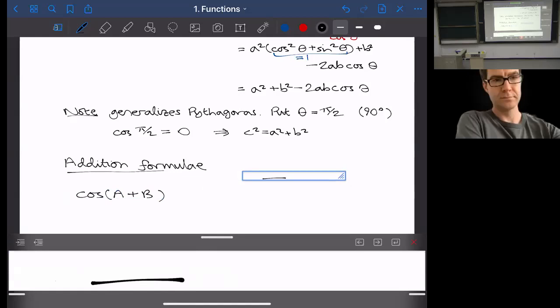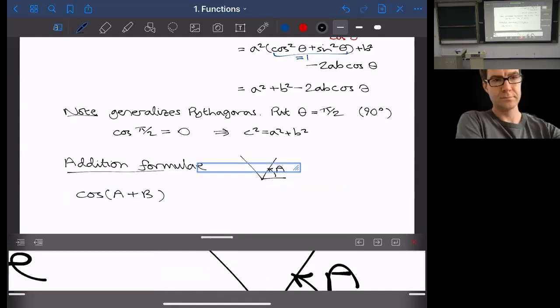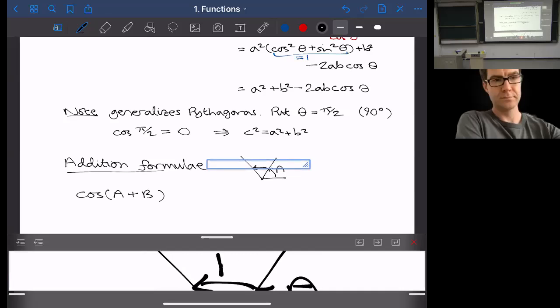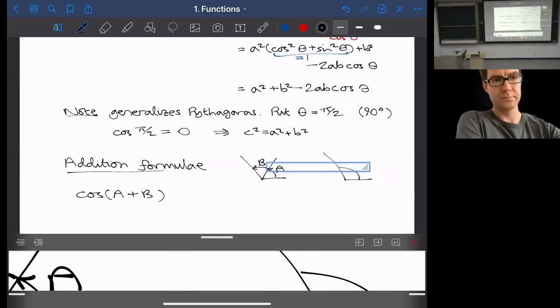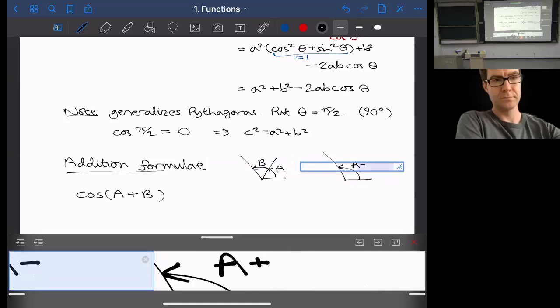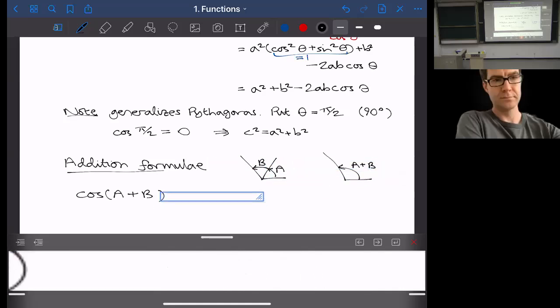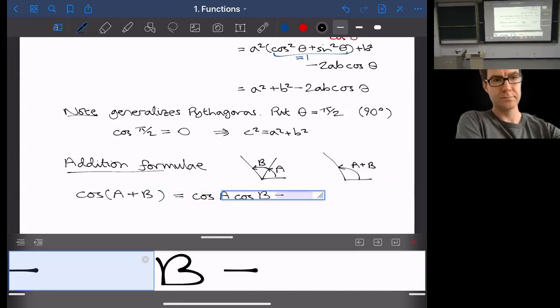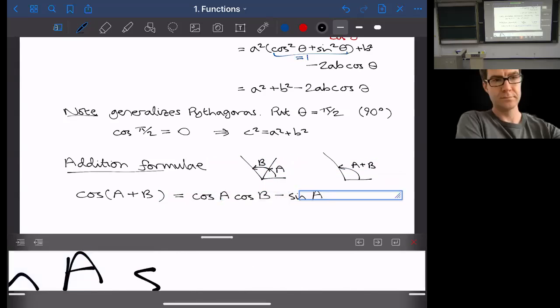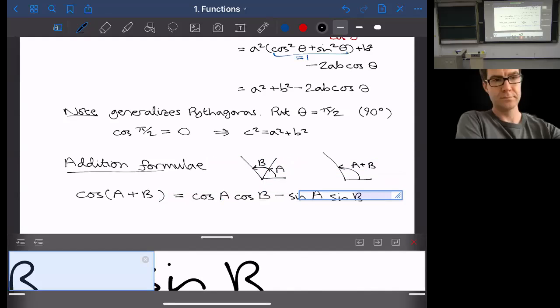So if I have an angle in standard position, A, and another one not in standard position, B, then I can put these together to a single angle A plus B. And then cos and sine of A plus B you can write in terms of cosines and sines of the two angles.